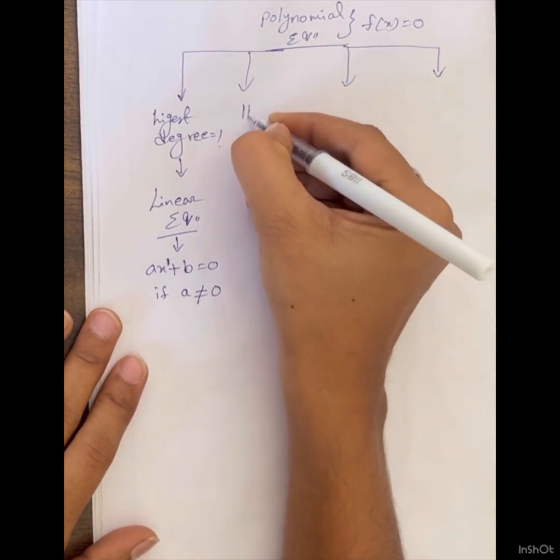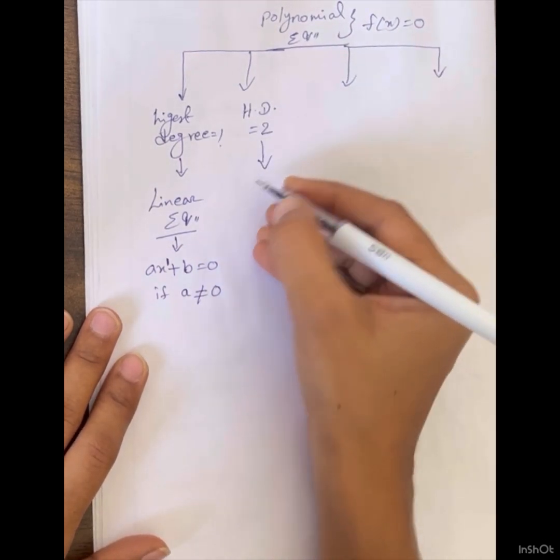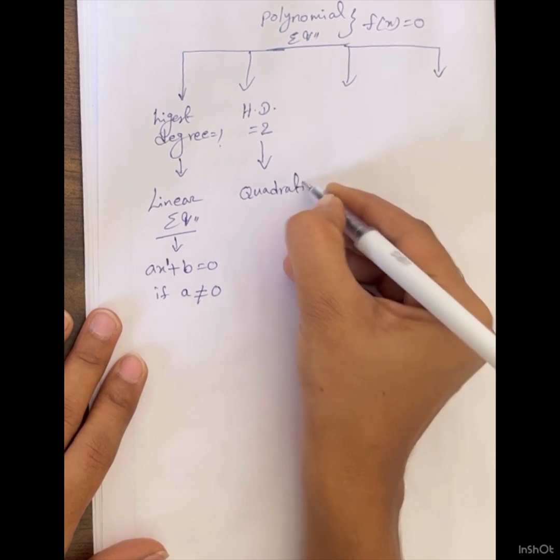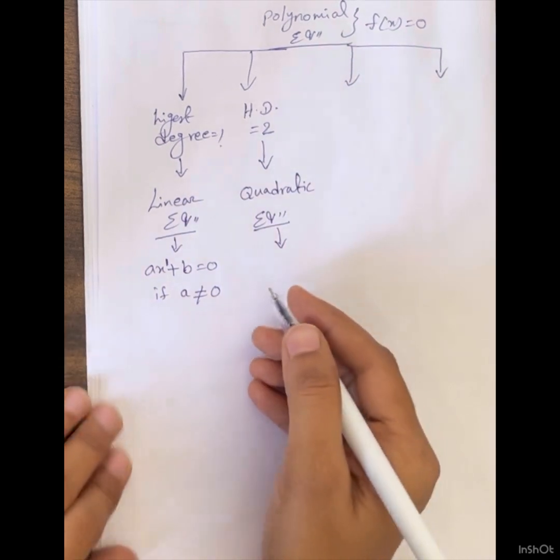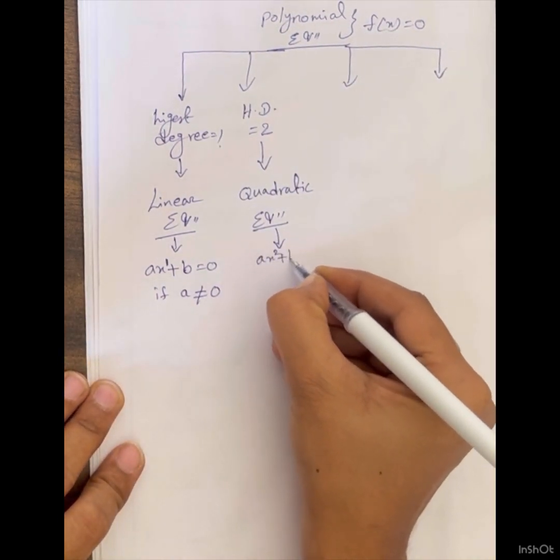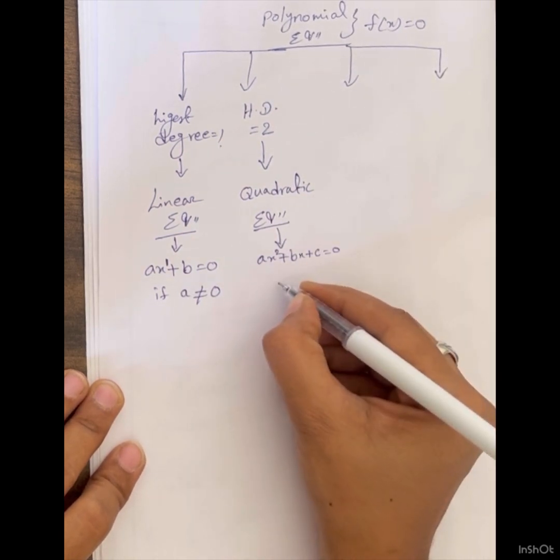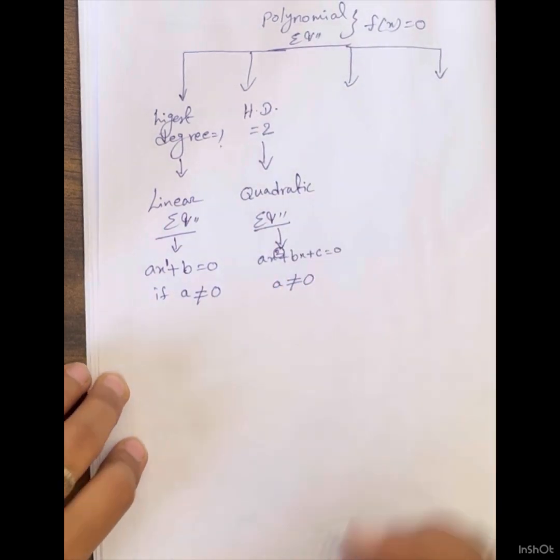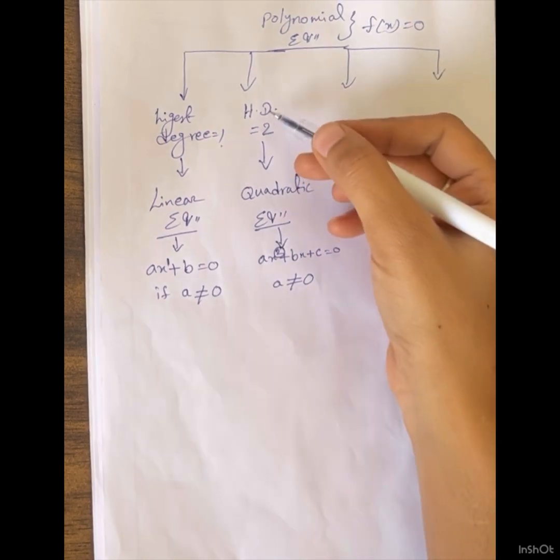So if the highest degree is equal to 2, this is the quadratic equation. The general form of a quadratic equation is ax square plus bx plus c is equal to 0. Here also a must not equal 0 because the highest degree, the highest power here, is 2.